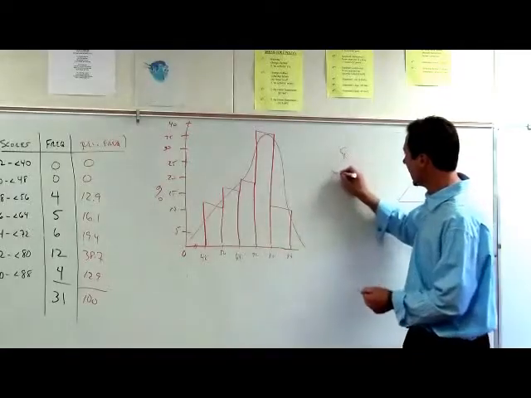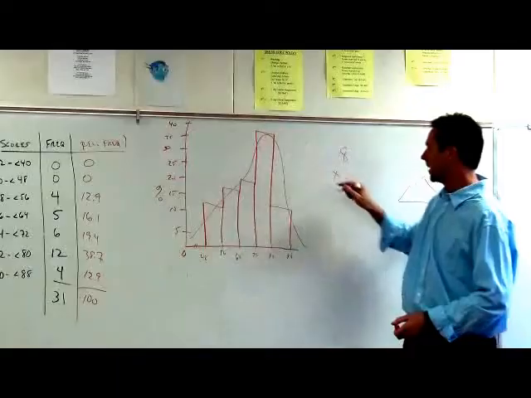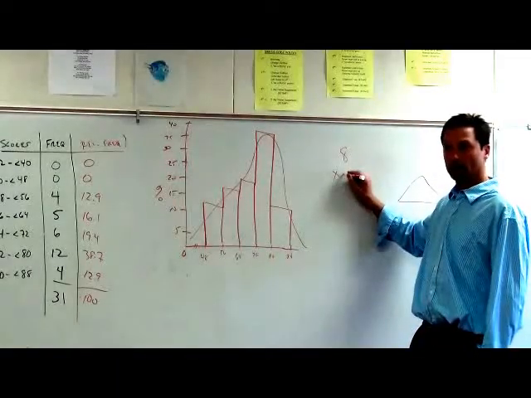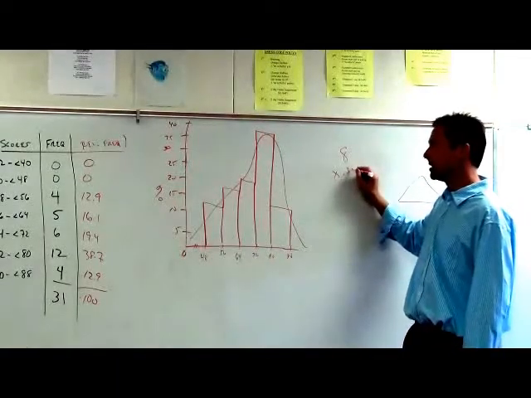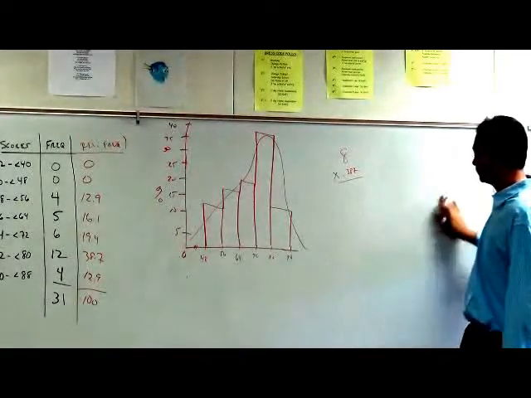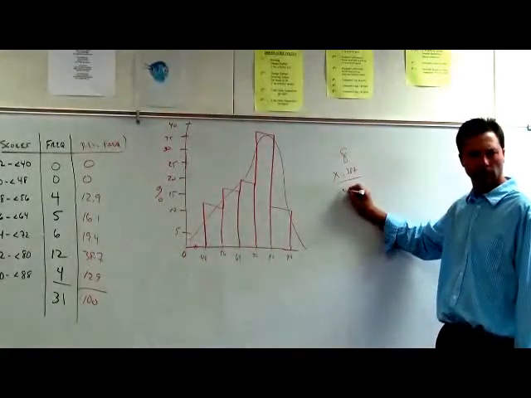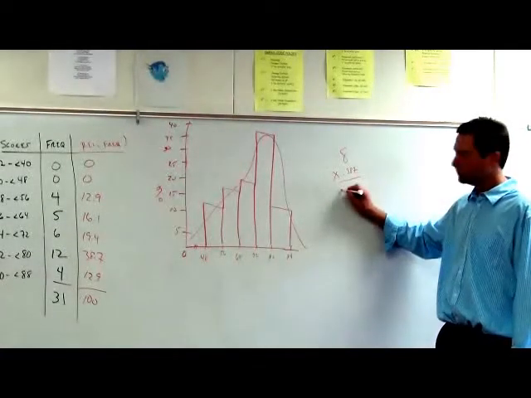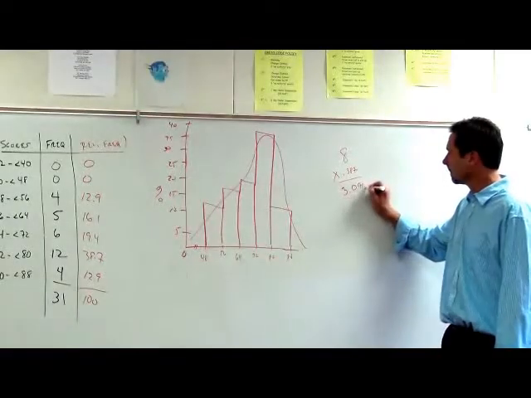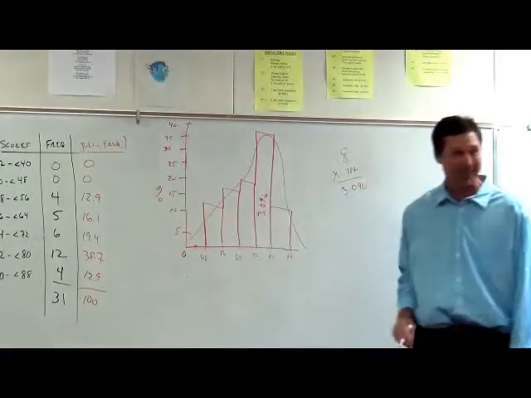So 8 times, and then what's the height here? 0.387. Somebody throw that in your calculator real quick for me. That is 3.096. So the area of this is 3.096.